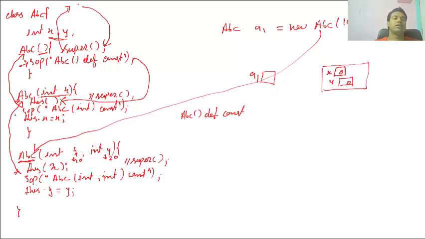Now in this again control is flowing top to bottom, so this prints here ABC int argumented constructor. Now it is this dot x, this dot x.